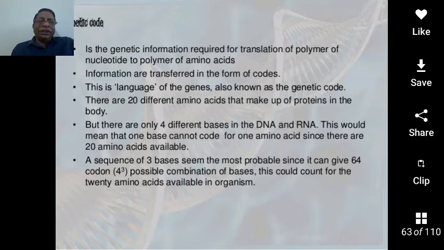Using these 26 letters, a lot of information is written. Biology is written with the help of 26 letters. Economics, political science, English, history are written using only 26 letters. Like this only, using 4 bases, the DNA codes for a lot of information.